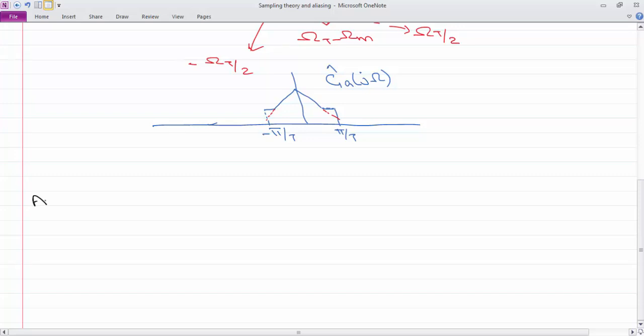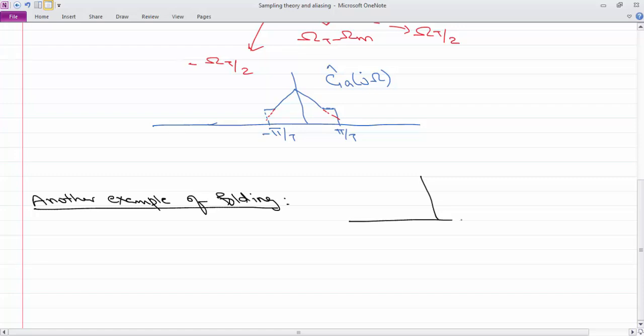So if we consider another shape, so that the phenomenon of folding can be made clear, let's take this case where you have this signal. So this is your Fourier transform, G_a of j omega, and then you have a small piece here.